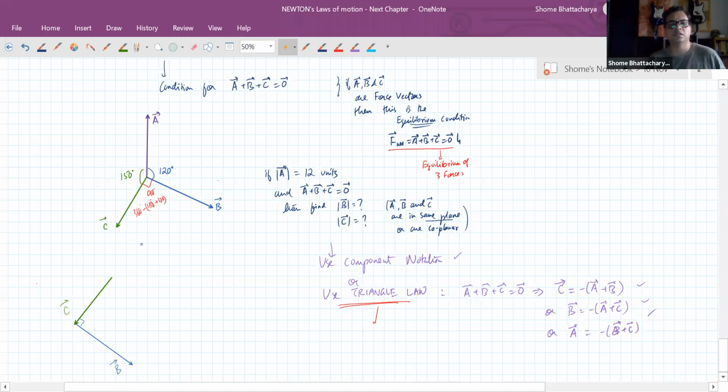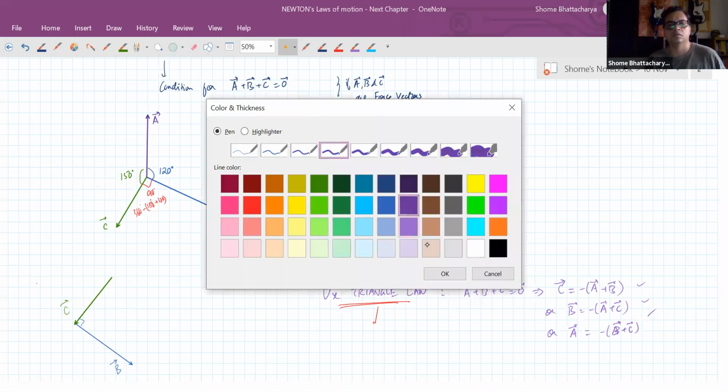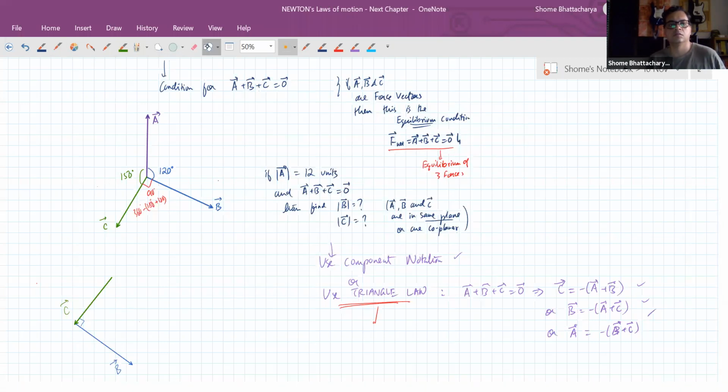And therefore the vector A has to be like this now. The diagram has to be modified a little bit, but so the vector A is like this with C actually stretching out like this.